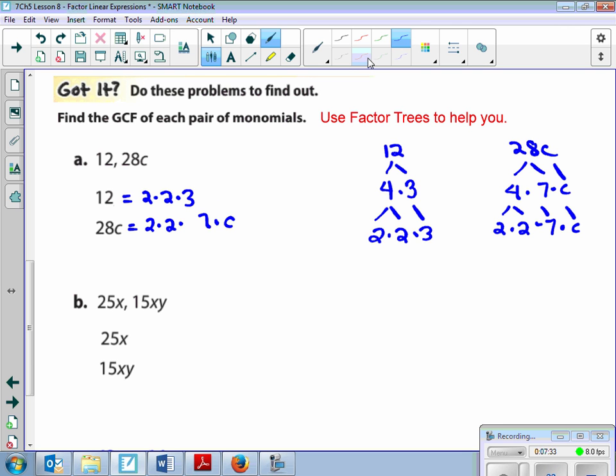So now we're going to circle what they have in common. So we have 2's here, 2's there, and anything else? No, that's it. So the GCF we find by multiplying the 2 times 2, which is equal to 4. So the GCF of 12 and 28C is 4.